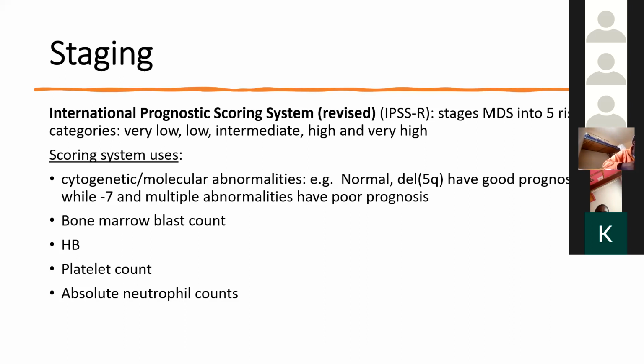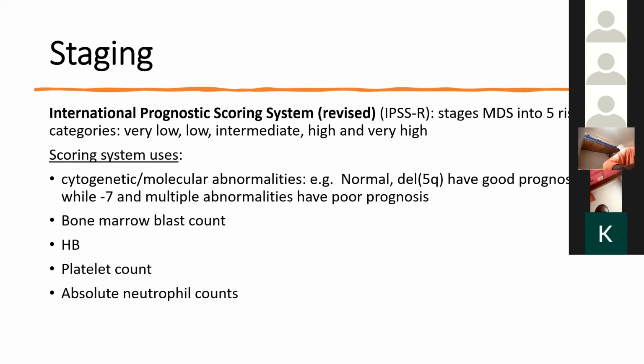So what do we use in this scoring system to come up with scores which we use to stage? We look at the cytogenetic and molecular abnormalities. For example, normal cytogenetics like 46XY or 46XX with no translocations, or deletion of the long arm of chromosome 5, have a good prognosis.